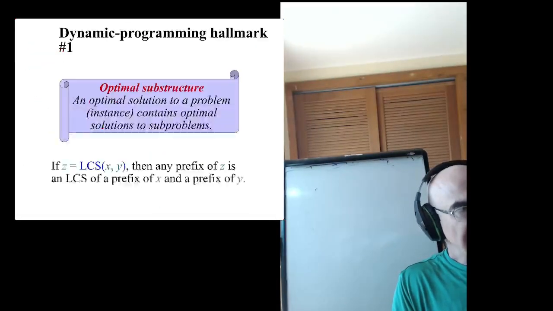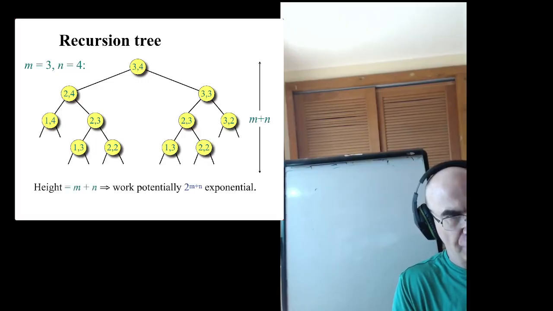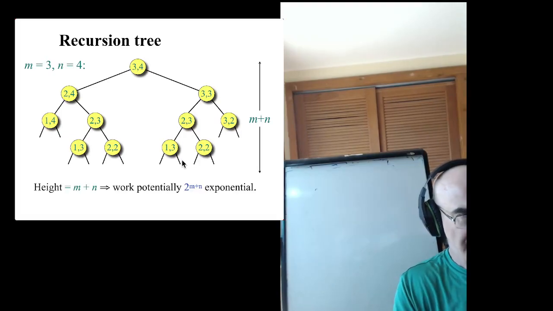And after a lot of discussion, we noticed that we can run this algorithm in a very inefficient way. If we don't memorize anything, then the running time might be exponential.